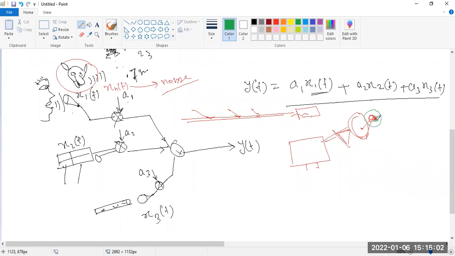Do you know what this is? This is actually a combination of filters, because various types of noise signals are coming, and the working signal is also coming, but here it is filtering almost the required signal and does not allow the noise signal.